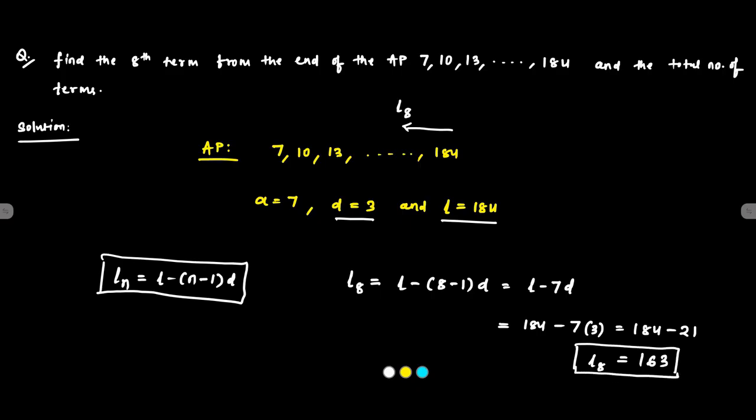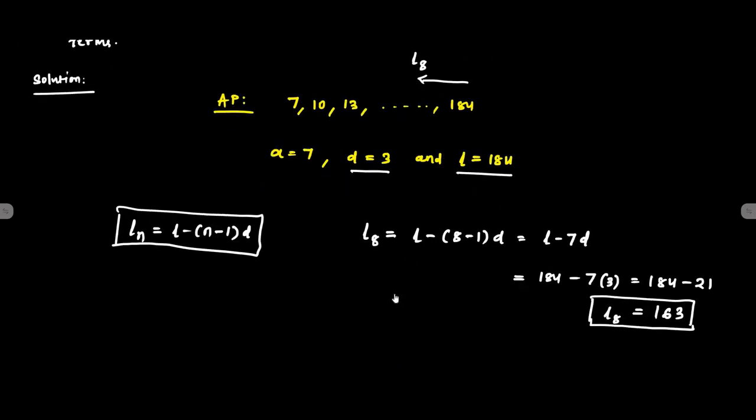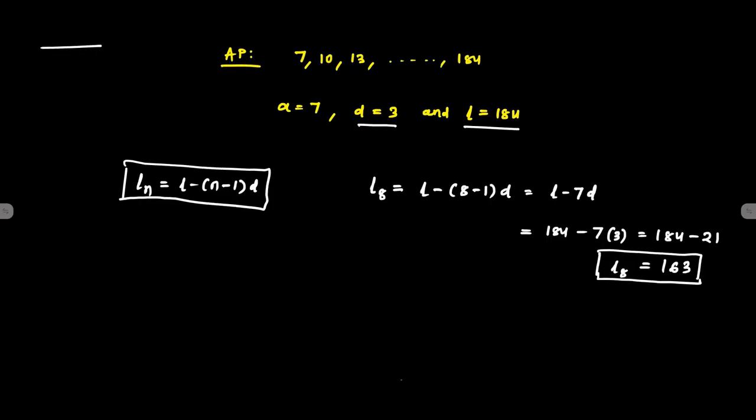And it has also been asked to find the total number of terms that are present. So here we'll take the last term, L. If you want to find out the total number of terms which are present, we will write it as a plus (n minus 1) d.